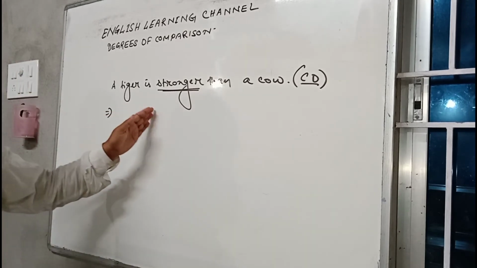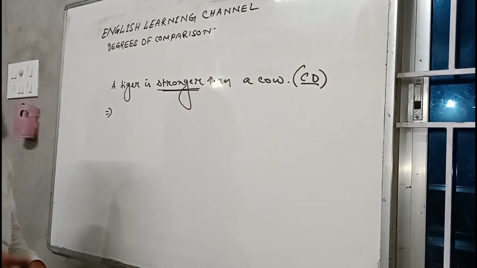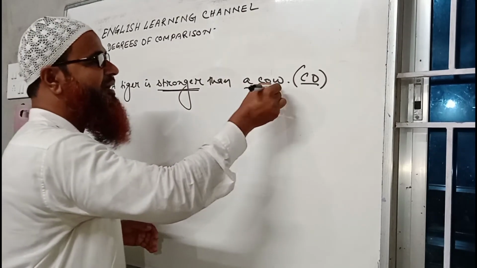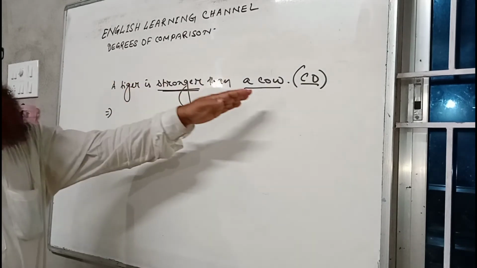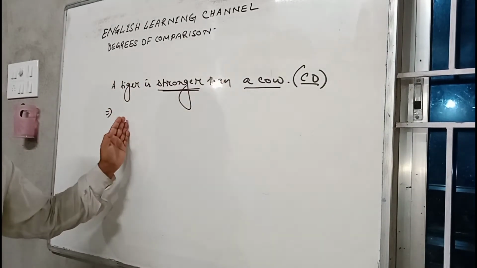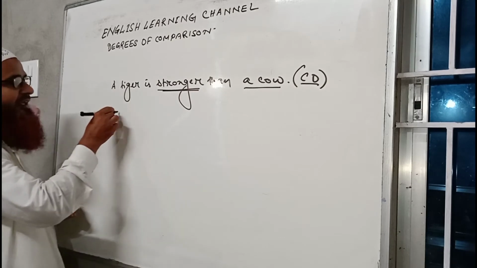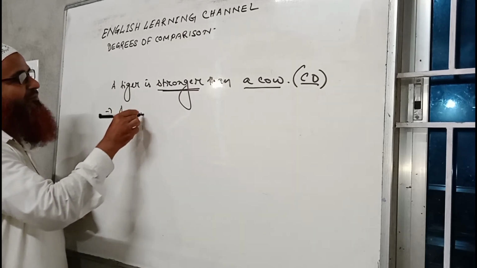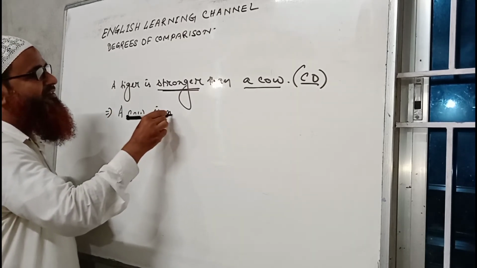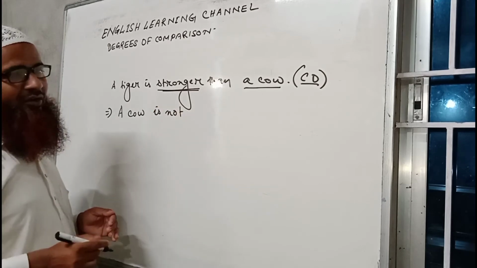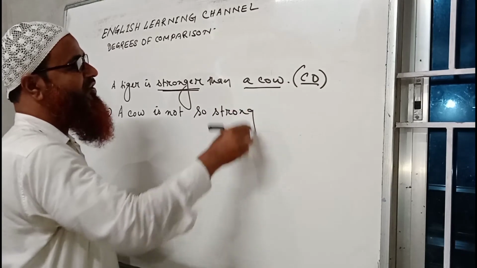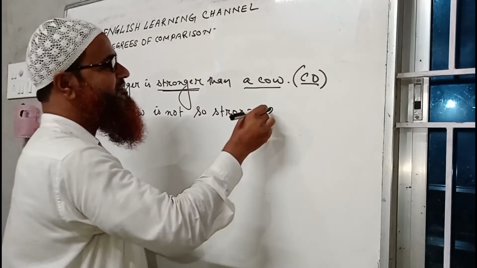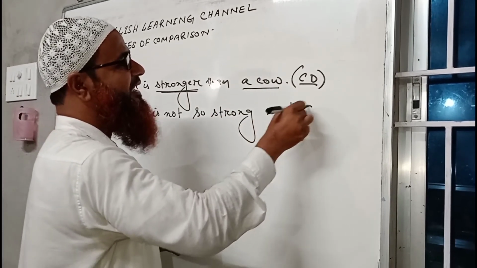If we want to change it into positive, then we have to exchange the position of the subject. That means a tiger will go to the last and a cow will come to the first. Then it must be in negative form. So a cow is not as strong, or we may write so strong, as a tiger.